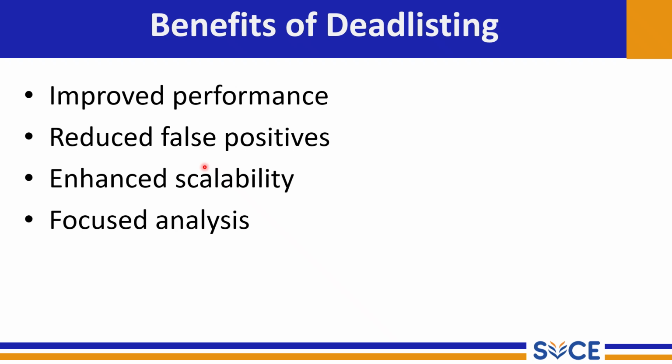And next, focused analysis: deadlisting allows analysis to concentrate on the most critical and suspicious items, improving the efficiency of manual analysis and threat hunting. So this all comes under the benefits of deadlisting.